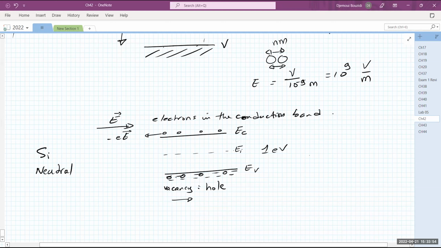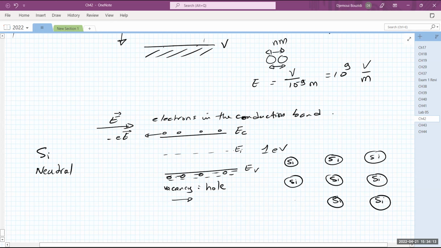Let's look at the structure itself. So somehow in here, I have a silicon atom, and another silicon atom, and another, and another. Let's just draw a few of them. I need a little bit more to see what's going on and why it's smarter to talk about holes.